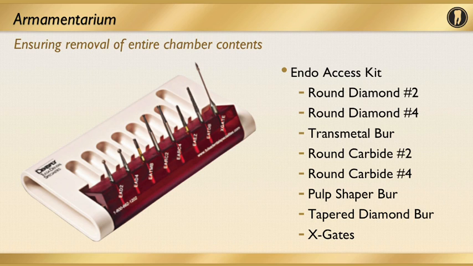Limited tooth structure removal as compared to penetration, we want to basically outline and refine the axial wall so that we gain the straight line access, so that we gain adequate visualization of the anatomy of the posterior access and the posterior canal system. I want to pay some particular attention to the X-Gates that's available.